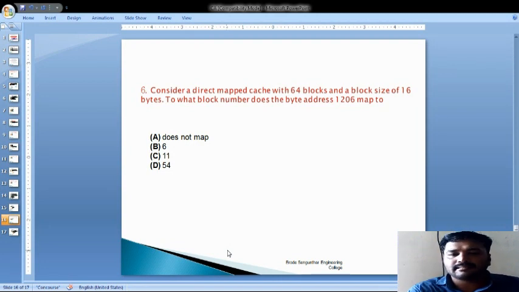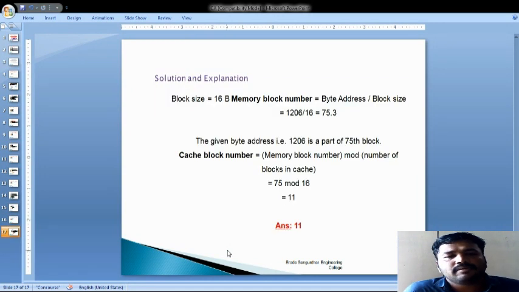Let us see the answer. The block size is 16 bytes. So the memory block number is equal to the byte address divided by the block size. So 1206 divided by 16, we get approximately 75.3.